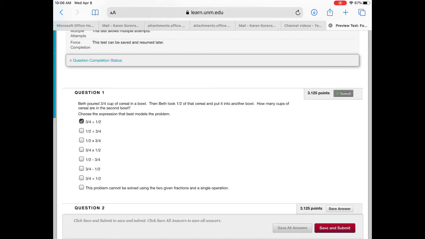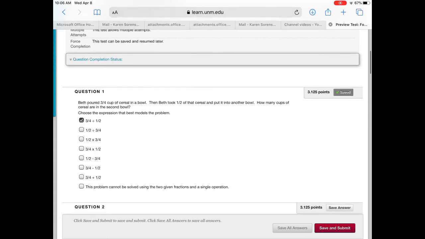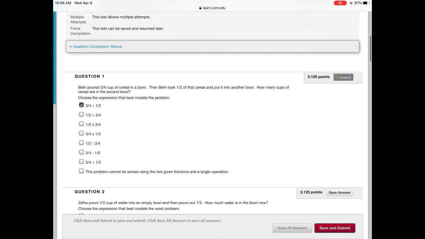So in this, the only thing that it's grading is, did you get the answer right or wrong? If you get the answer right, when you look at the conclusion at the end, then it'll tell you why it was, for example, 3/4 divided by 1/2 or 1/2 times 3/4. If you got it wrong, it'll just say, oops, try again, so you can get some feedback at the end.